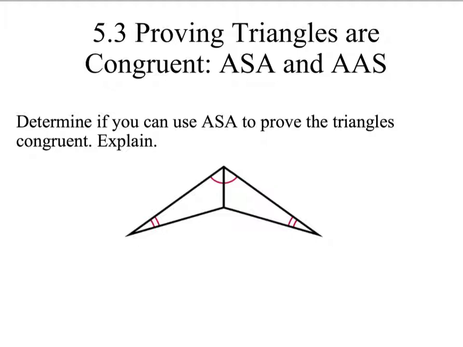Okay, so as we look at these two triangles, notice that we have two angles that are congruent. We also have this side in between them that would also be congruent. Why would that side be congruent? Well, it would be congruent because the reflexive property says they would be congruent.